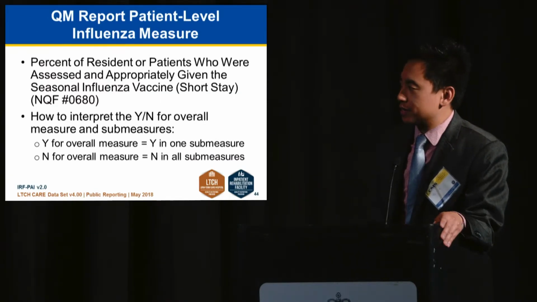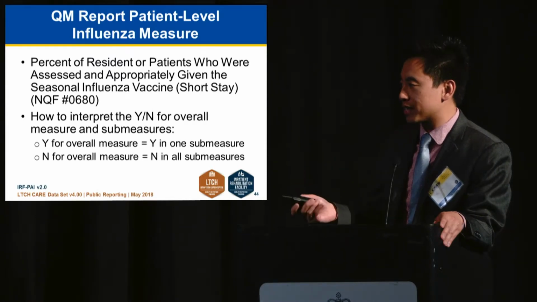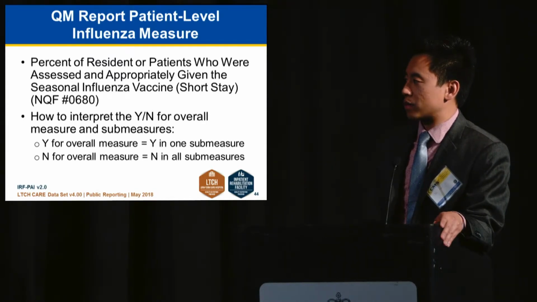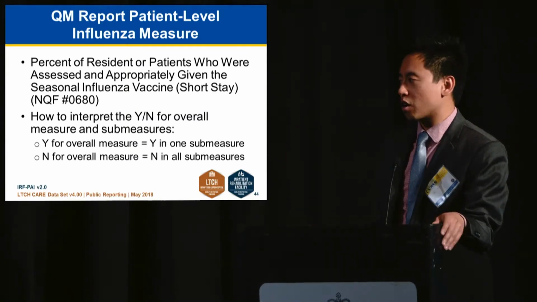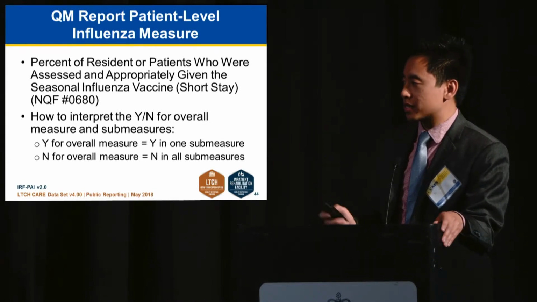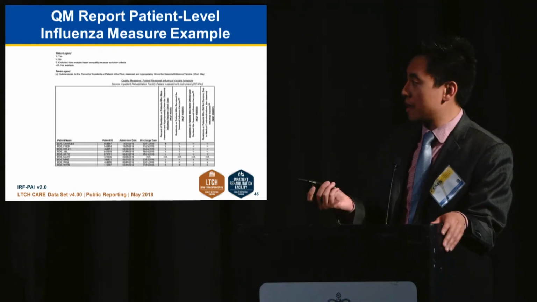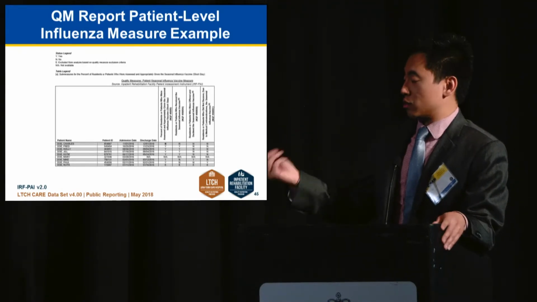So for the influenza measure, the table works a little bit differently. If there's a yes for one of the sub-measures, then it's a yes for the overall measure. If it's a no in all the sub-measures, then it's an N for the overall measure.